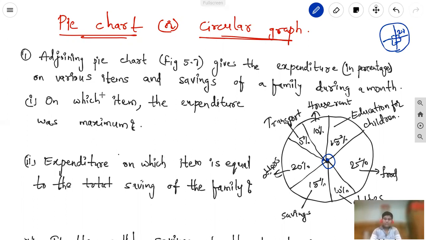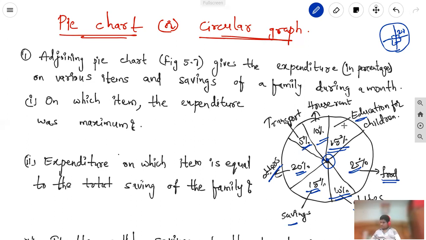The first problem is: the adjoining pie chart gives the expenditure in percentage on various items and savings of your family during a month. First we can discuss the pie chart. In the pie chart, 15 percentage is the education for children, 25 percentage is the food, 10 percentage is the clothes, 15 percentage is the savings, 20 percentage is the other items, 5 percentage for the transport, 10 percentage for the house rent.